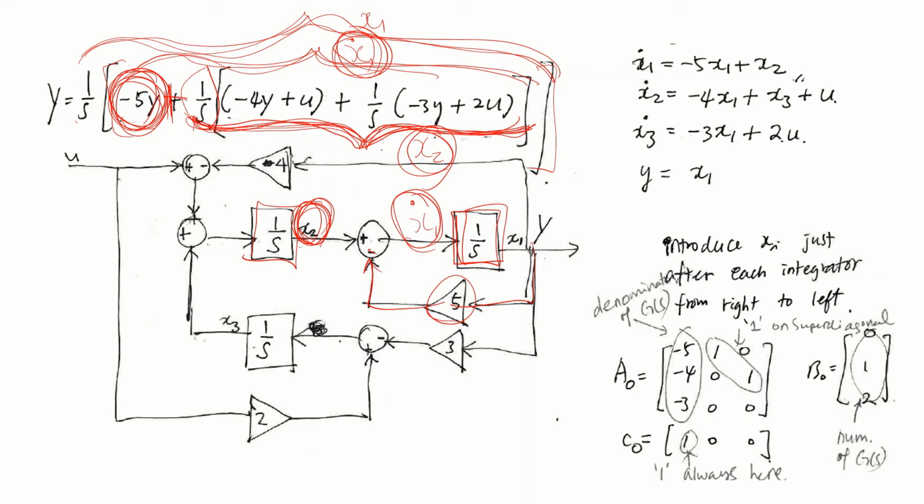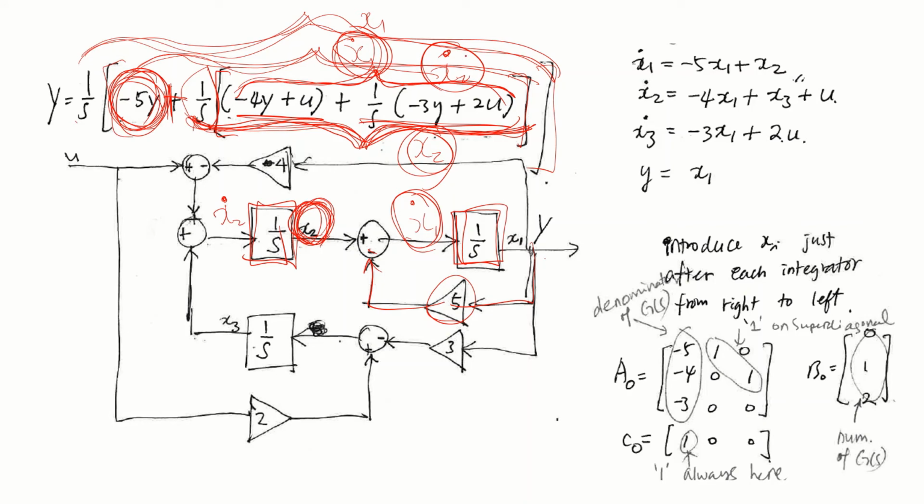So if this is x2, then everything inside this second bracket here will be x2 dot, because x2 is defined right after this integrator, and the one just before this integrator will be x2 dot. x2 dot is the sum of these two parts here.